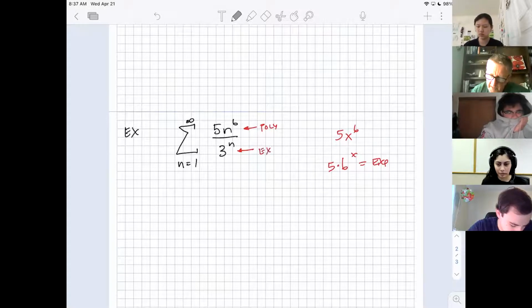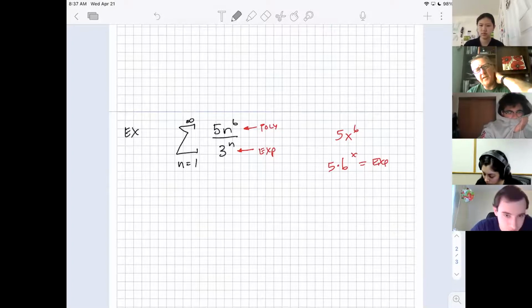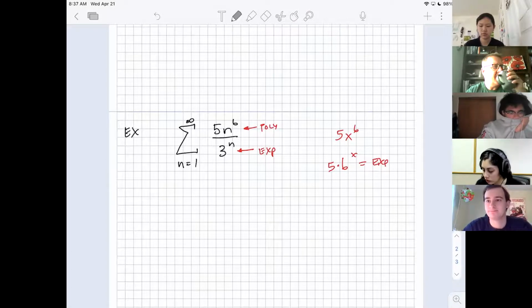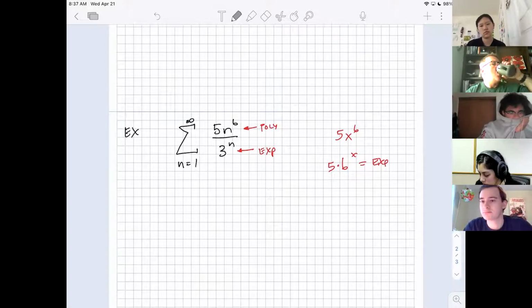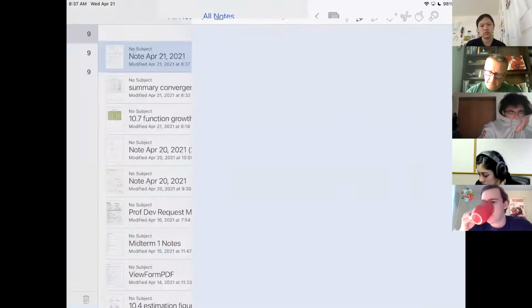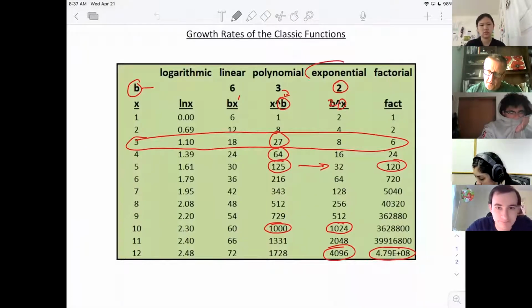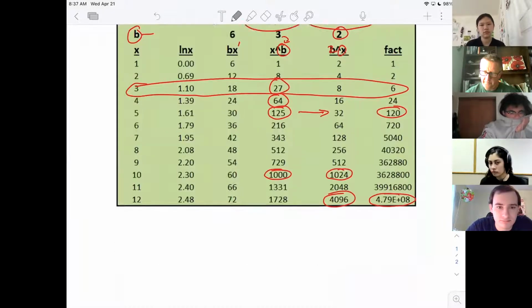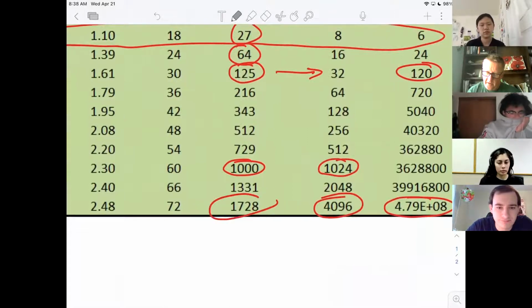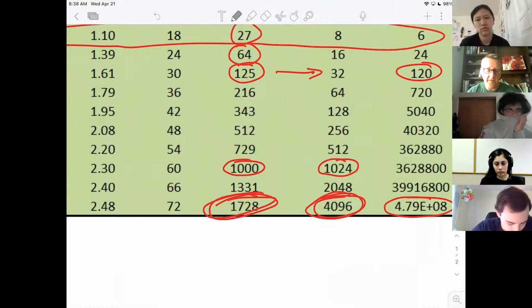Well, based on what I just reminded you of, which one grows faster on the list, the rough growth rate idea? Exponential? Yeah, exponential outgrows polynomial. And notice it takes longer. Notice it's not outgrowing it by a lot here. It's only 4 times as big, but if I kept going a little further, it's going to start outgrowing it really fast.